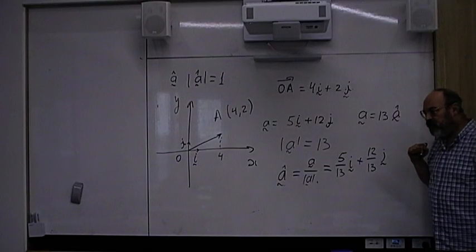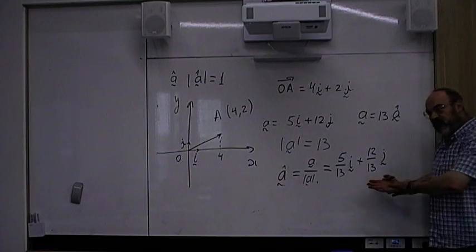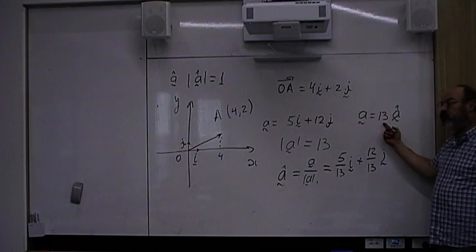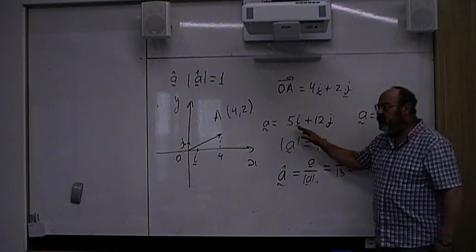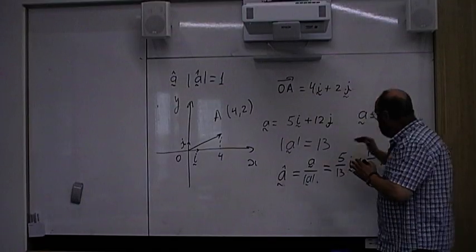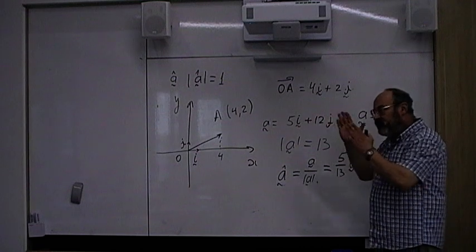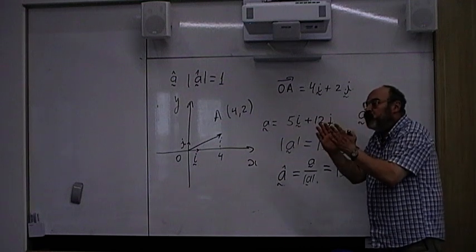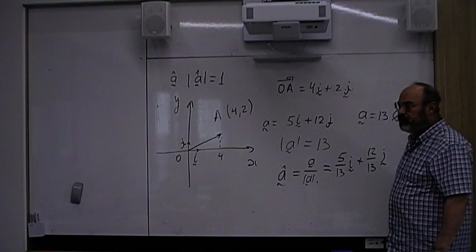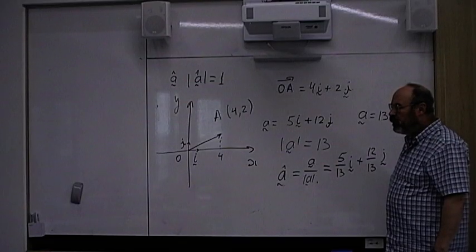It's a parallel vector in the same direction. If the vector has length 13 and we divide by 13, we get the same direction but 13 times shorter, the unit vector in that direction. Make sense? Yes.